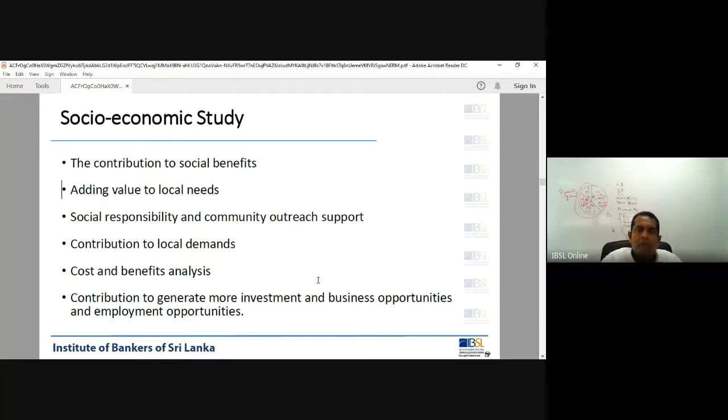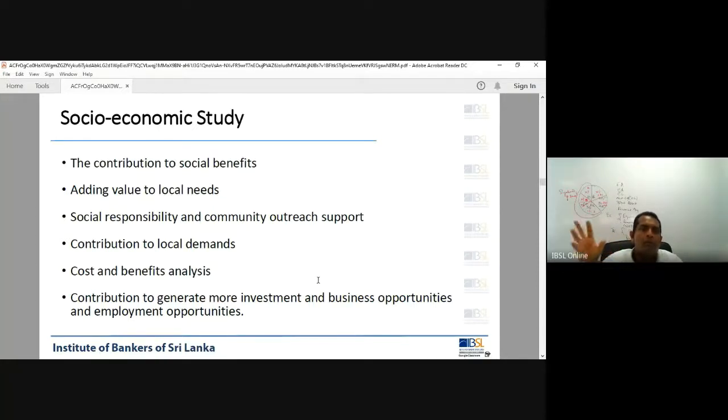If we start a processing plant in Sri Lanka, we can stop all the clay coming from that area. We have to develop it. So whether your project will be a feeder to several more industries, right? That is called social economic study.